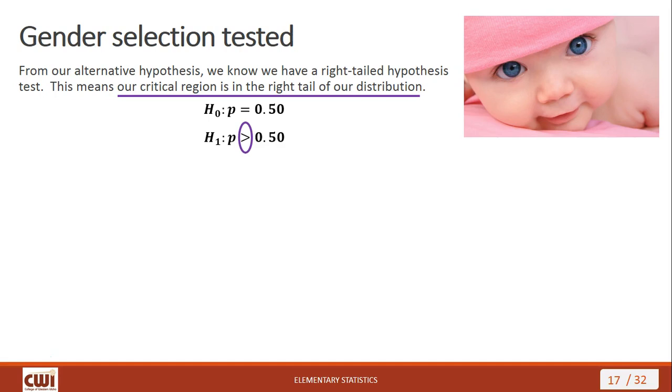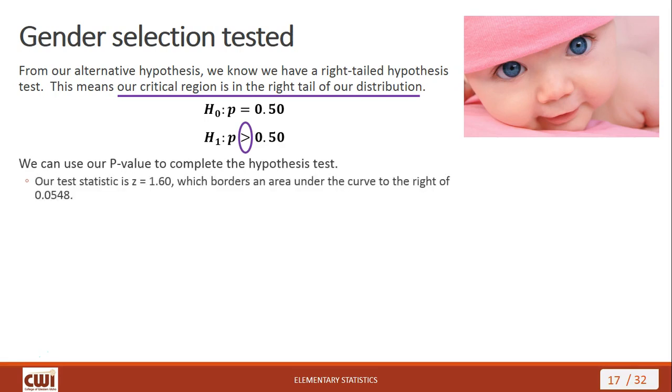Now that we know this, we can use our p-value to complete our hypothesis test. First, we get our test statistic, which is 1.6. This borders an area under the curve to the right of 0.0548. Now, we can get our test statistic using StatCrunch to use the hypothesis testing.